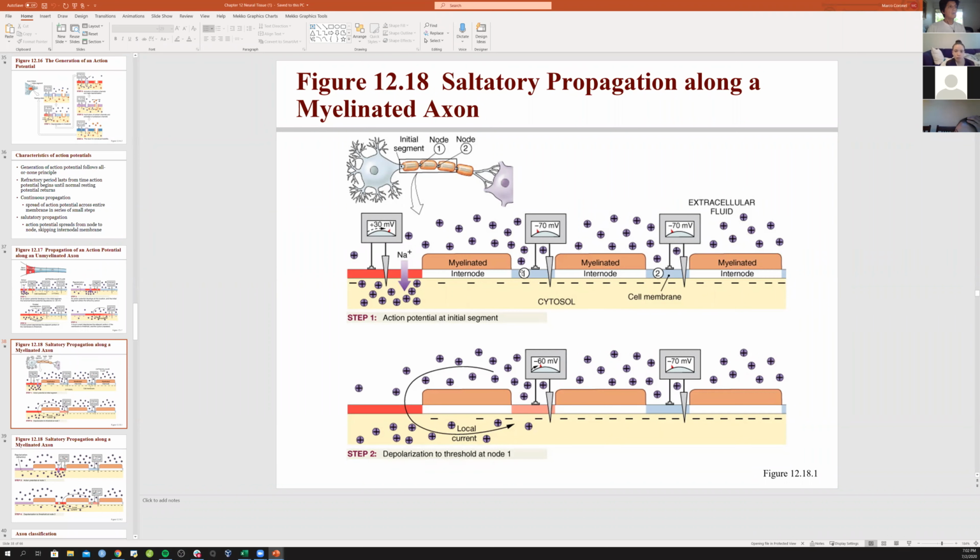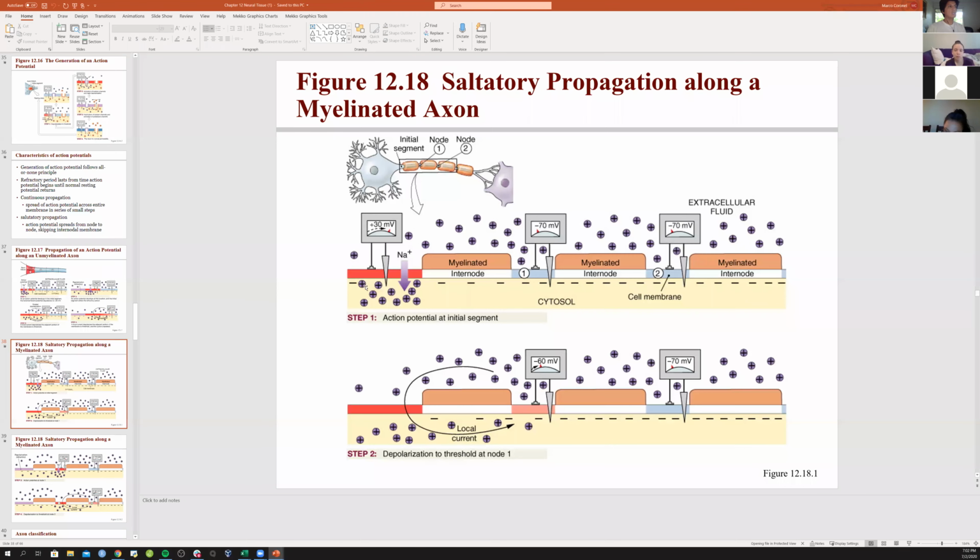Whenever the wave travels from one place to another, you only need that localized change, that initial depolarization that reaches threshold, and you need it to happen at this level. Not throughout the entire membrane, but it happens here, and then here, and then here. That's what's referred to as saltatory conduction.